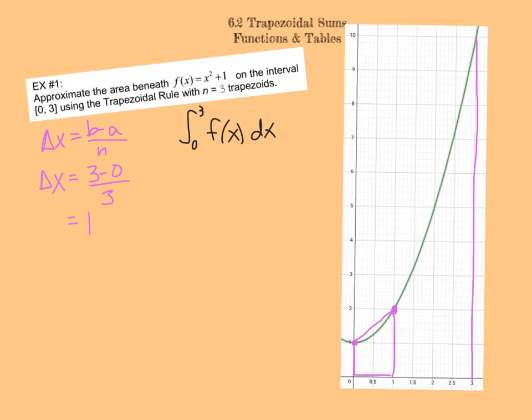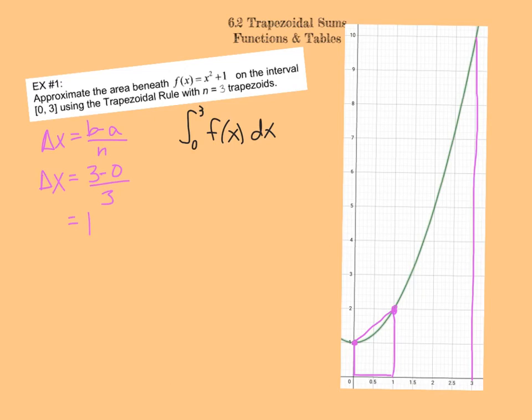And that's because this function here is concave up. It's arcing upward. It would hold water. And so when we're concave up, our trapezoids are just going to go a little bit above the function since it's curved like a U. And so that straight line over it would be above it.